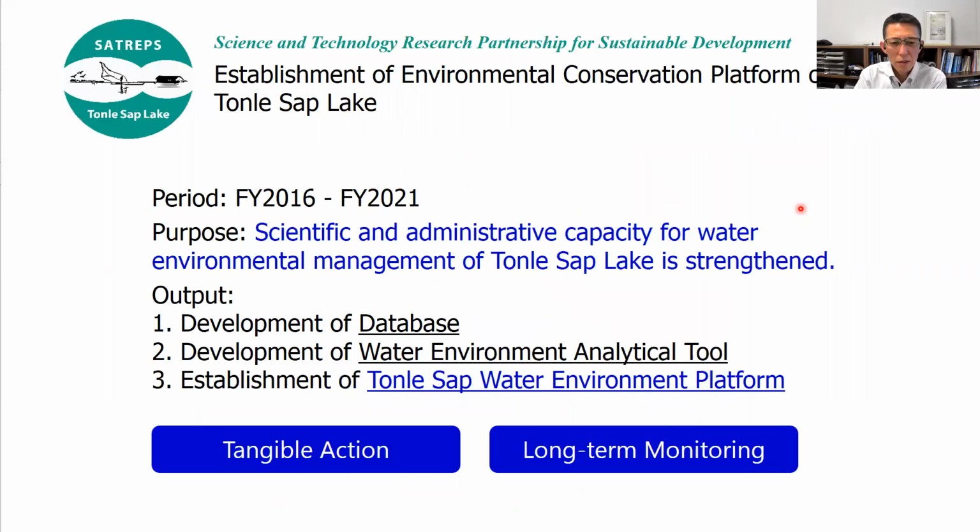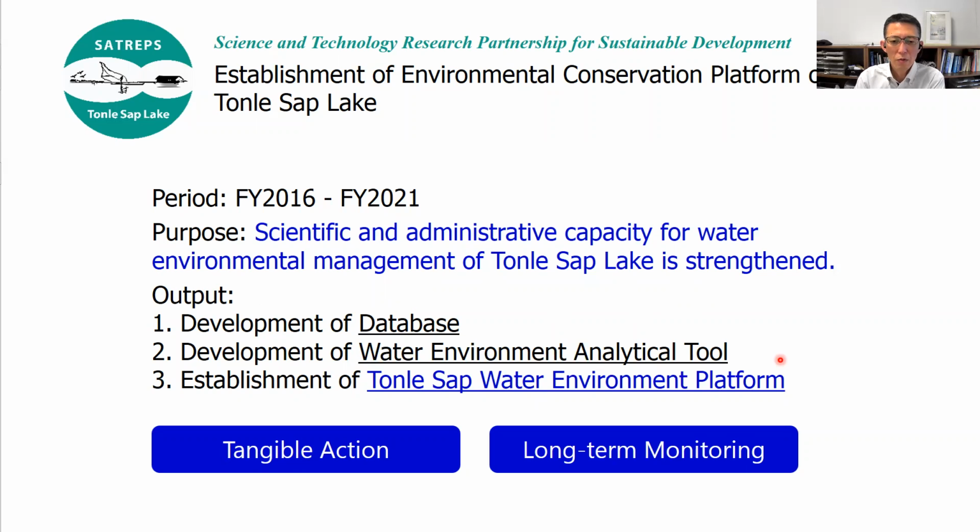To realize this, we set up the major purpose of the project, which is to strengthen the scientific and administrative capacity for water environmental management of this lake. To reach this goal, we designed the major outputs. First is the environmental database, and second is the water environment analytical tool, which is basically the simulation model of the lake.